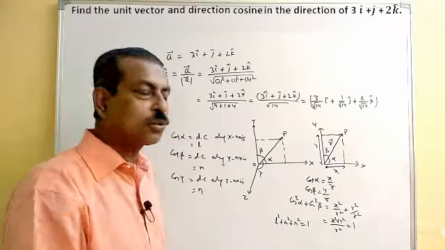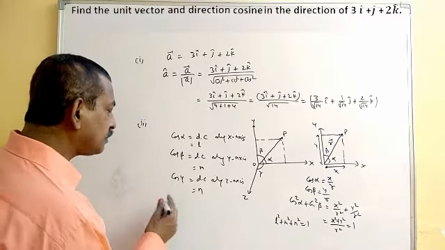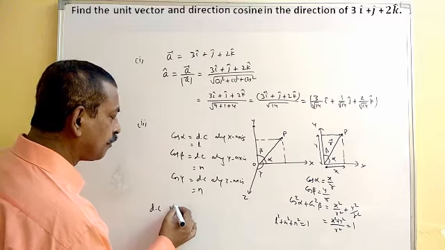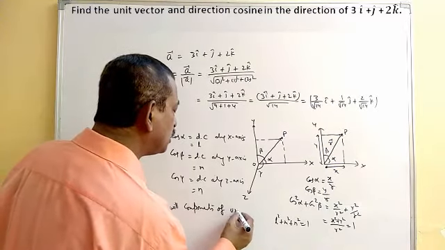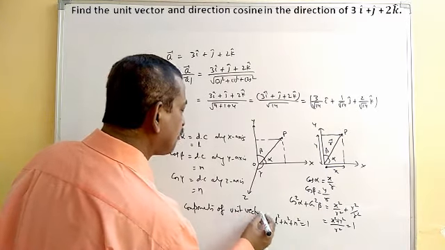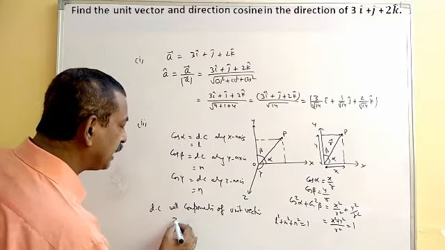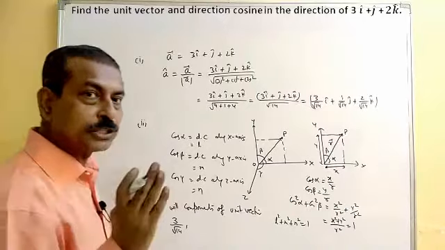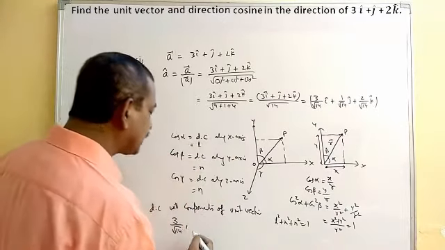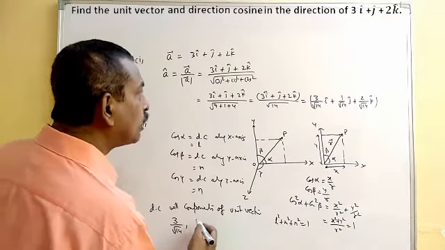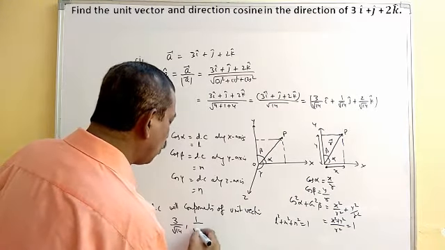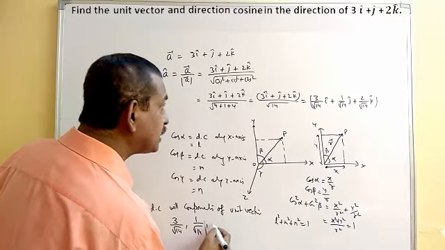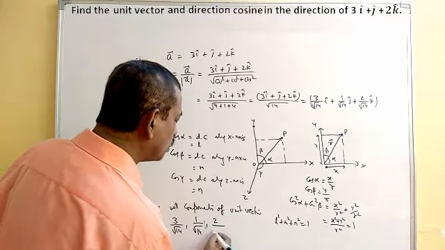So direction cosines will basically be the components of the unit vector. That means it is 3 by root over 14 as the first component, or the component along the x-axis. Similarly, the component along the y-axis will be 1 by root over 14, and along the z-axis it will be 2 by root over 14.